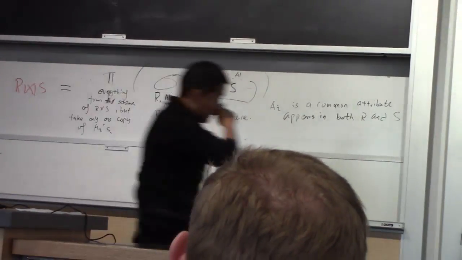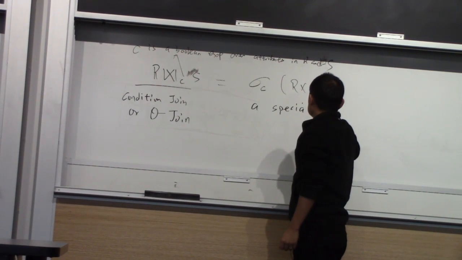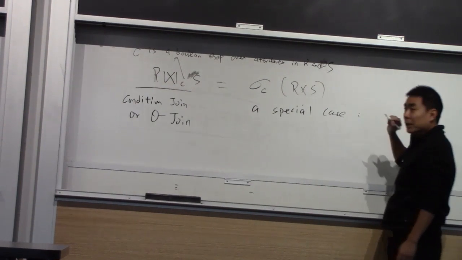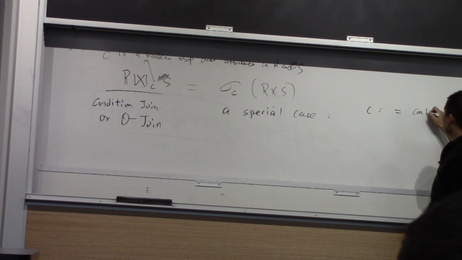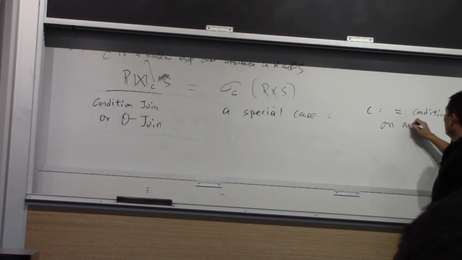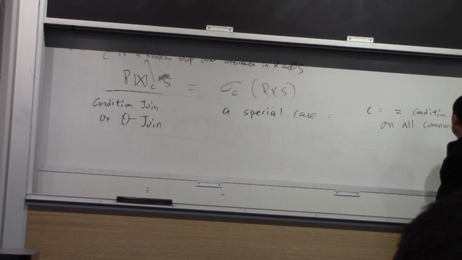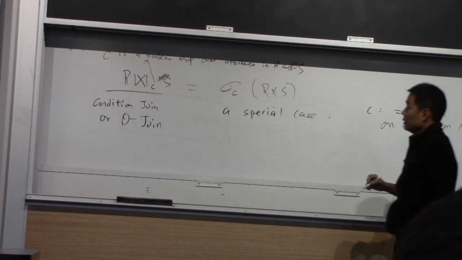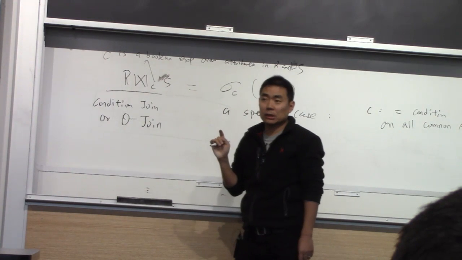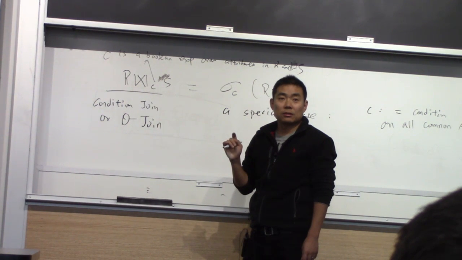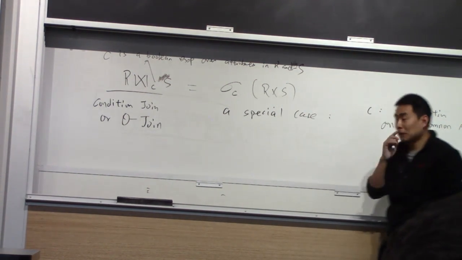In other words, consider the special case where C is an equality condition on all common attributes. In that case, can we claim this is the same as natural join? Yes or no? Does that make sense, what I'm saying?